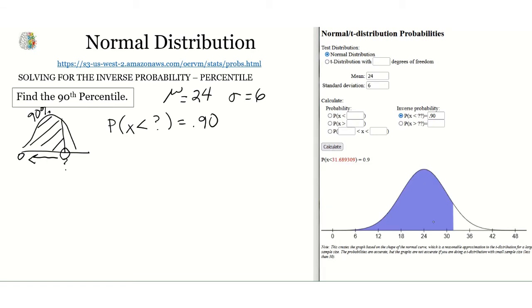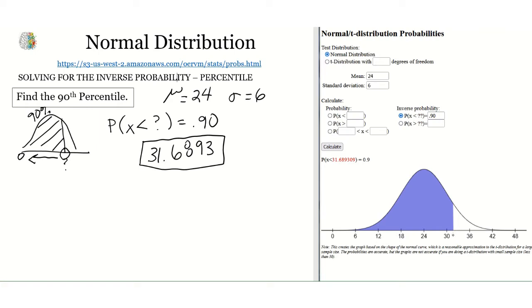So I'm going to calculate, and we see that it's giving me an answer of 31.6893. This answer in red is telling me this X value right here where the purple and the white meet.